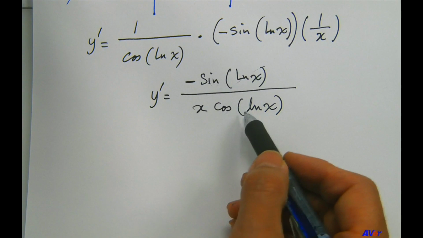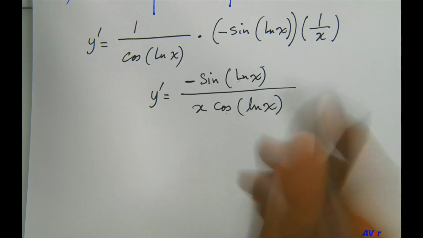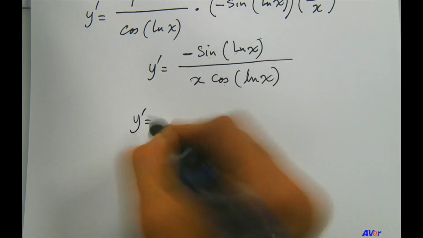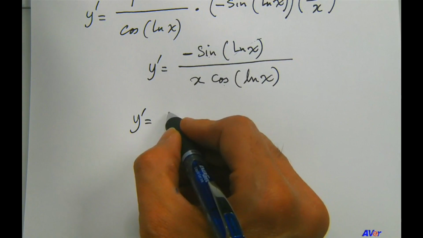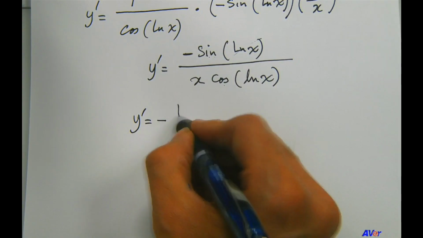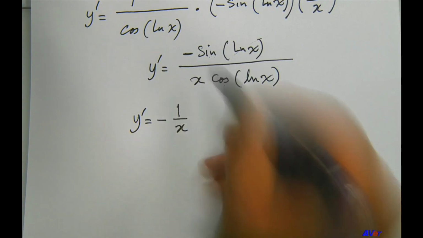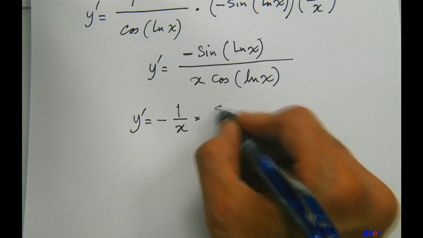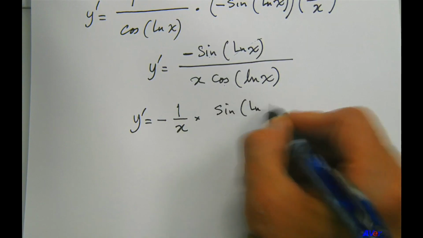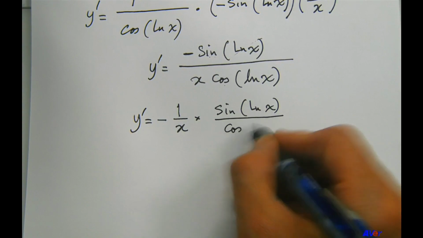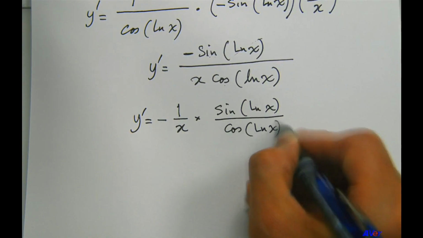So what can we do then? Well, instead of jumping to the next step right away, let me give you a hint. Suppose I write this a different way, as minus 1 over x times sine of natural log of x divided by cosine of natural log of x.